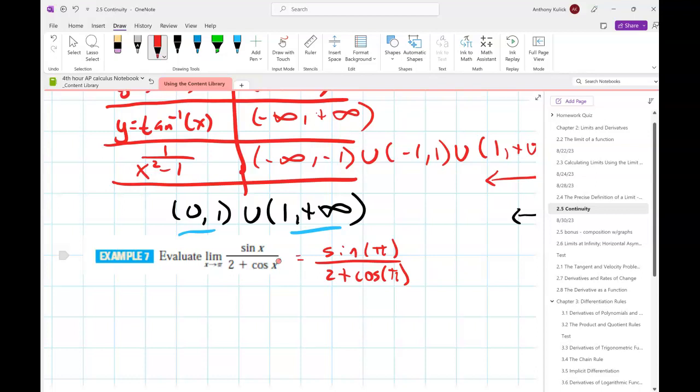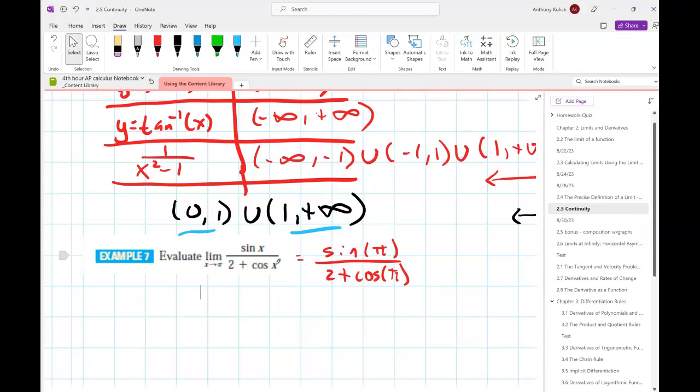So the denominator can't ever be anything other than 2 plus -1 up to 2 plus +1. But can't there be a value that causes it to be 0? No. Sure, cosine becomes 0 there, but 2 plus cosine is different. It can't be 0 because the smallest cosine could be is -1, and we're always adding 2 to whatever comes out of cosine. Oh, I understand. Thank you.